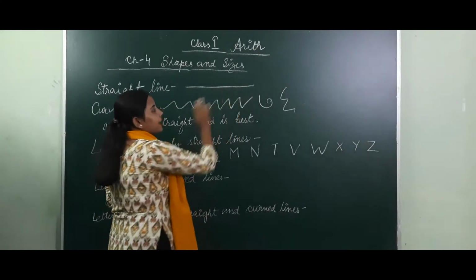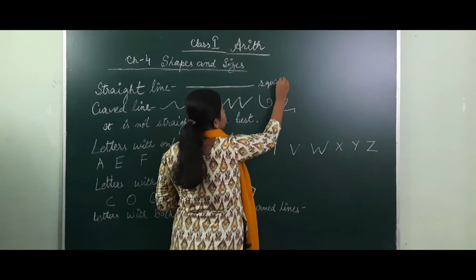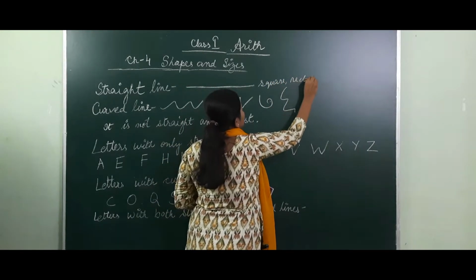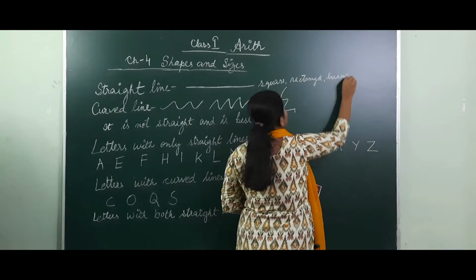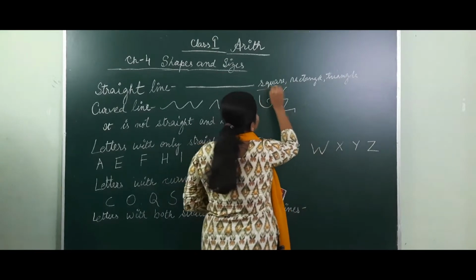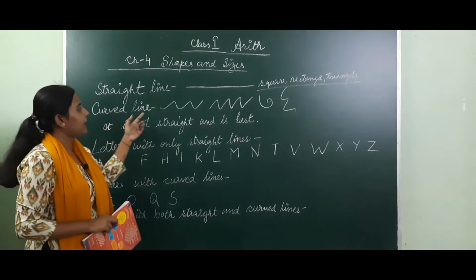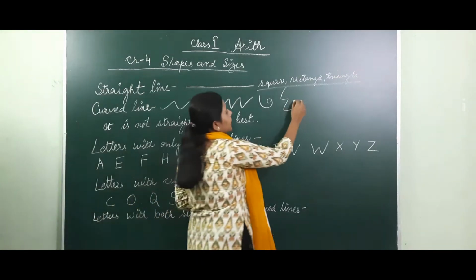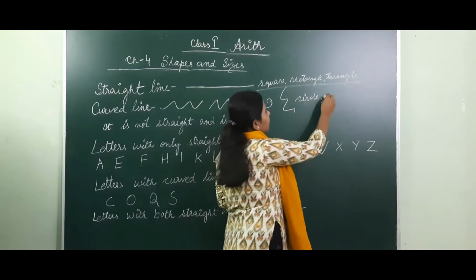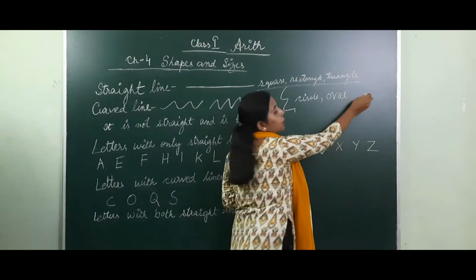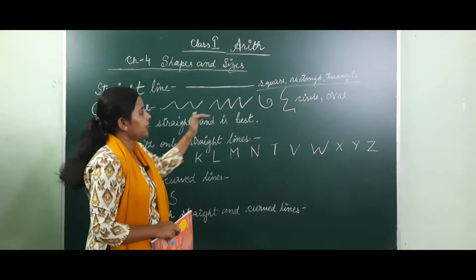Straight lines include square, rectangle and triangle, which fall under the common basic shapes. And in curved shapes come circle, oval, and so on. They are not straight, they are curved.